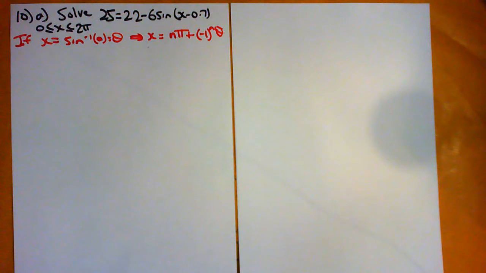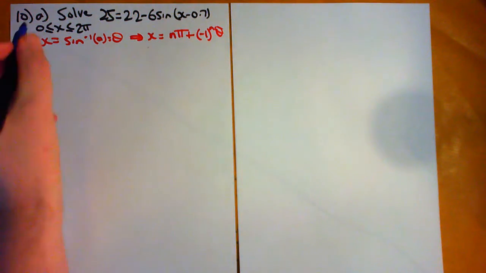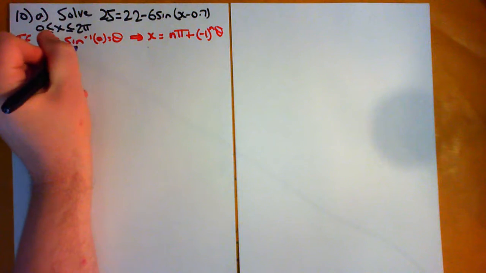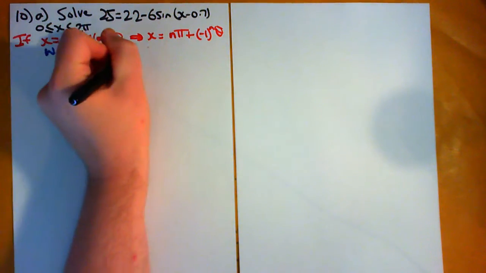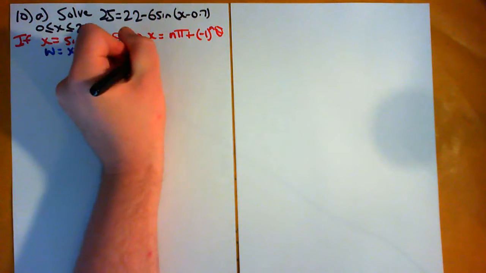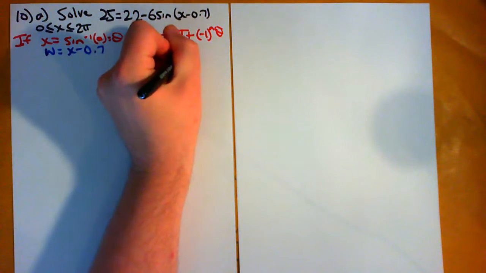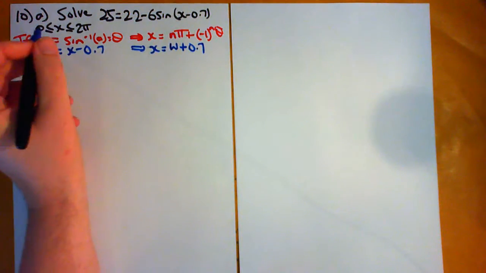Okay, so what would our w be for this question? w is going to be what's inside the bracket, which is x minus 0.7, and if we rearrange that and solve it for x, we get x equals w plus 0.7.